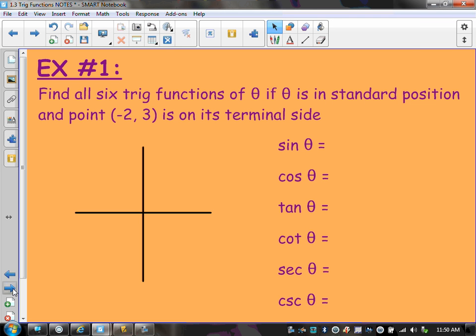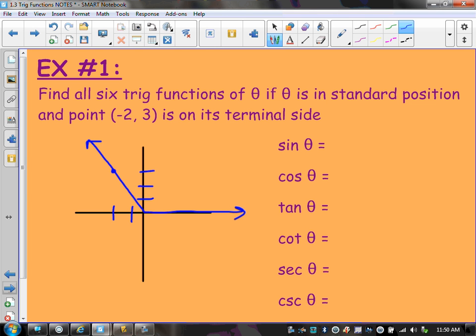So I know the angle is in standard position, and it has the point (-2, 3) on its terminal side, so it ends by going through that point. Here's my picture. Before I can do sine, cosine, and tangent, don't I need a right triangle? Don't I need an opposite, an adjacent, and a hypotenuse? So let's figure out how we're going to draw our triangles.